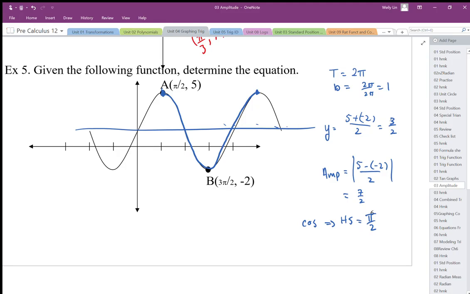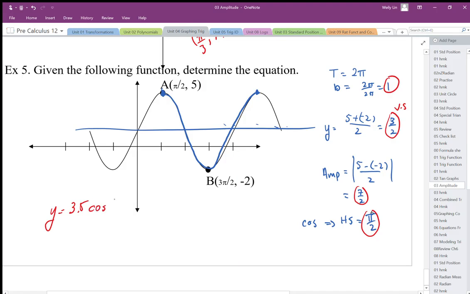Again, we're going to generalize this later, but this is important to recognize now. So once I have those pieces, I'm just going to highlight them. I need those pieces to write my equation. I need my b, I need my vertical shift, I need my amplitude, and I need my horizontal shift, and I can now write my equation. Y equals my amplitude of 3.5. I'm going to use cosine.